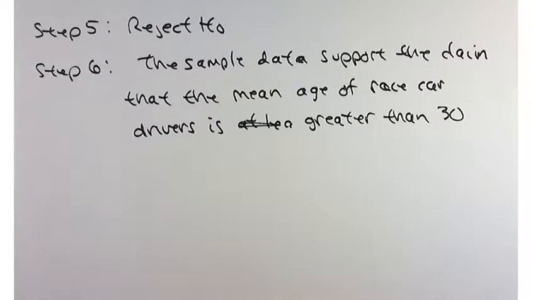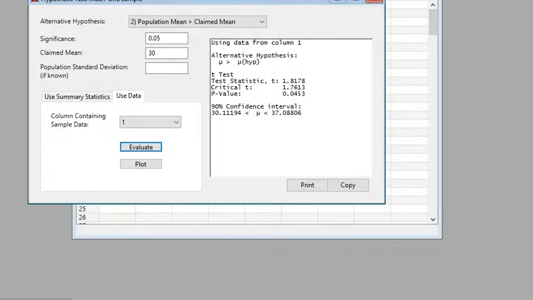Let's look at the confidence interval and see if the confidence interval matches this conclusion. So go back to StatDisk. Our confidence interval was 30.11 is less than mu is less than 37.09.